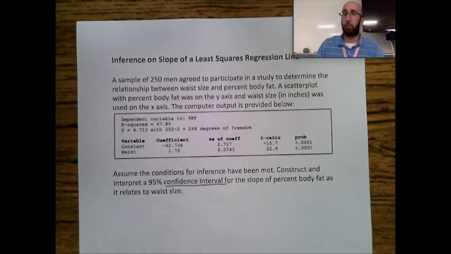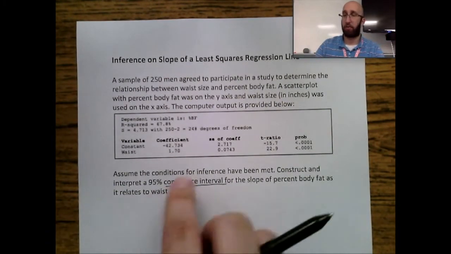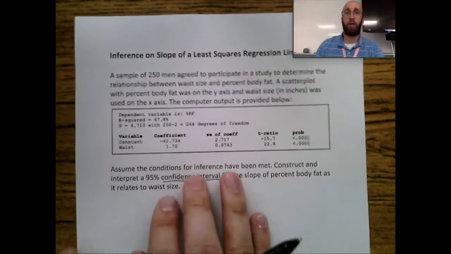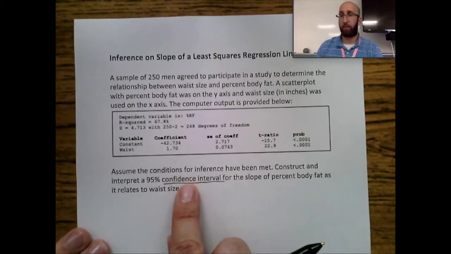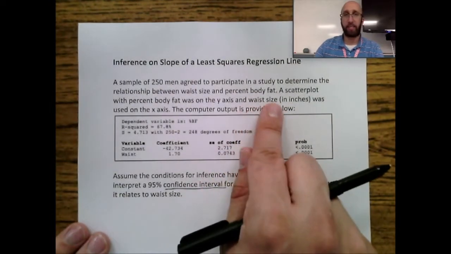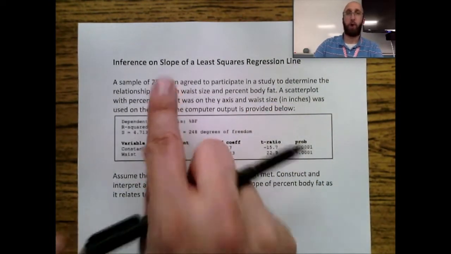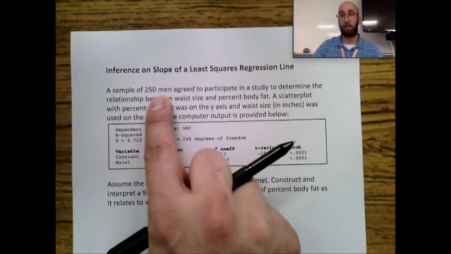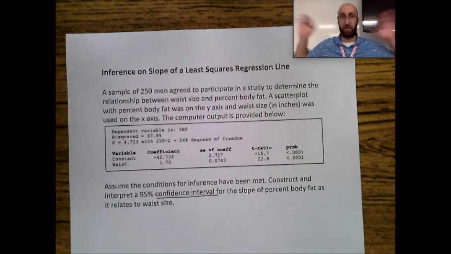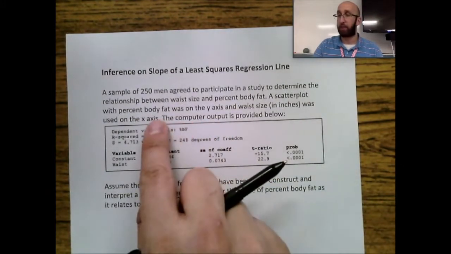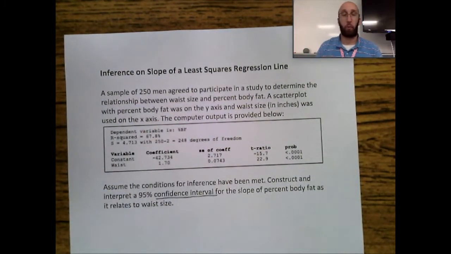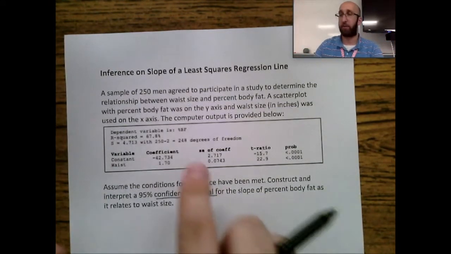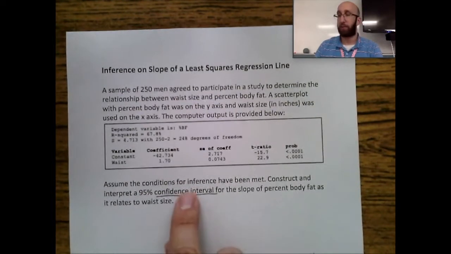What a confidence interval is doing is asking, what if I was able to collect the waist size and percent body fat of all men, not just a sample of 250 men, but all men on this planet, and construct a line of best fit? We've been dealing with sample lines of best fit. The confidence interval asks what would happen if I created a line of best fit for the entire population.